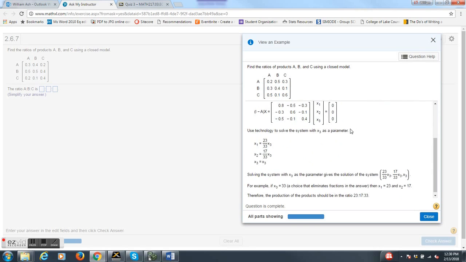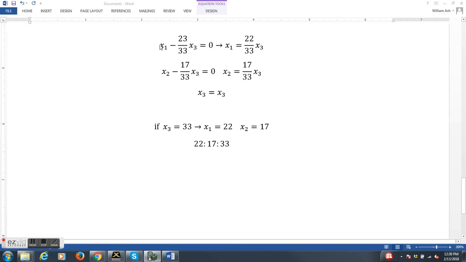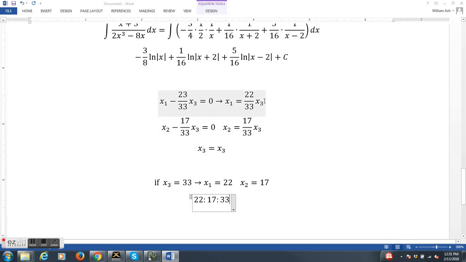Then I go back to equation world and solve for x1, x2, every variable. Then just pick your x3 so you don't have fractions. So it's going to be 22 for x1, 17 for x2, and 33 for x3.